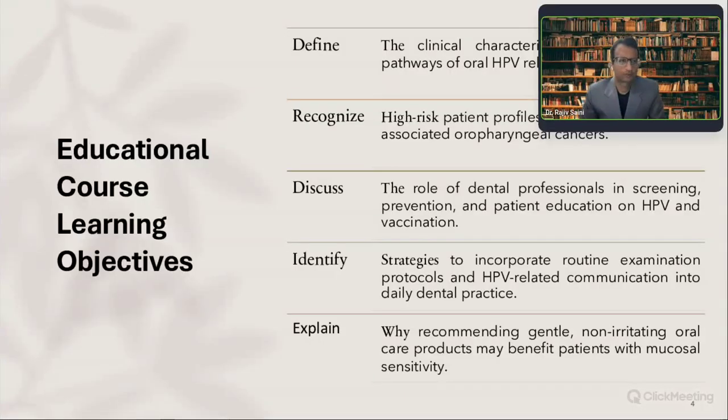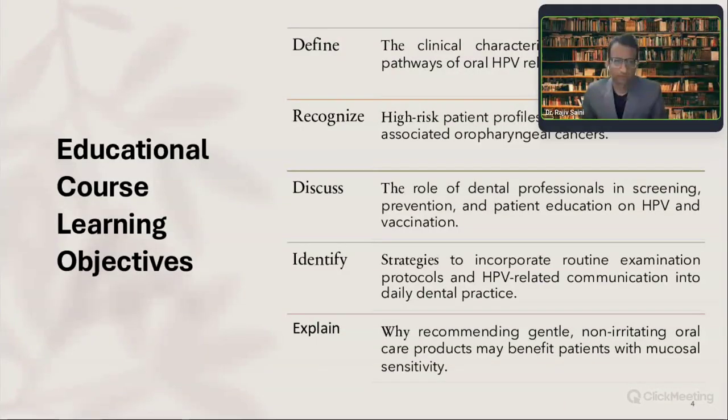Today's educational course has the following learning objectives. We will define the clinical characteristics and transmission pathways of oral HPV relevant to dental care. We will recognize high-risk patient profiles and early signs of HPV-associated oropharyngeal cancers. We will discuss the role of dental professionals in screening, prevention, and patient education on HPV and vaccination.